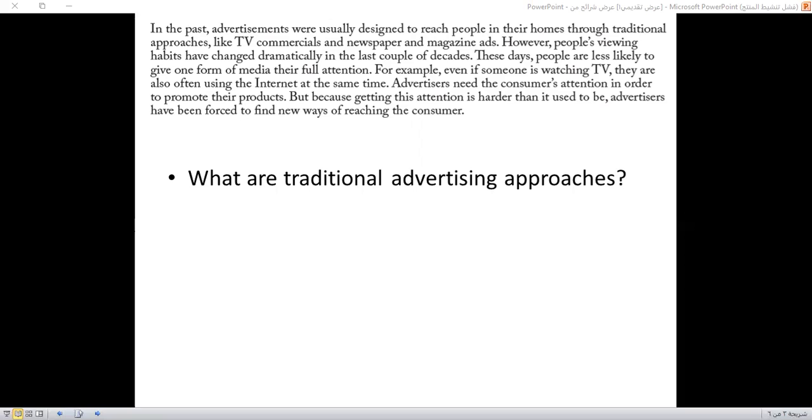Okay, on this paragraph, my question is, what are traditional advertising approaches according to the paragraph here? What are the traditional, conventional advertising approaches? Very old ways, traditional ways. What are they? Designed to reach people in their homes through traditional approaches like TV commercials and newspaper and magazine ads.